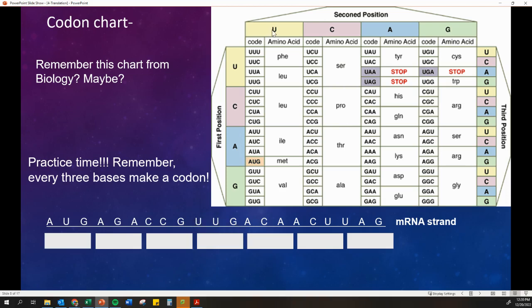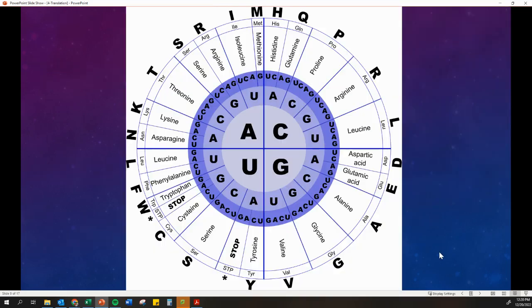UUG would be LEU. ACA is THR. ACU, THR, and UAG, stop. So this is how we know to stop making our protein as we get to a stop codon.